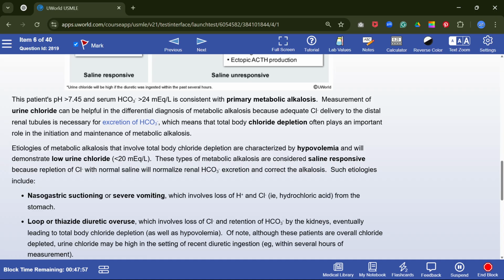Measuring urine chloride can be helpful in the diagnosis of metabolic alkalosis, because adequate chloride delivery distal to the renal tubule is necessary to excrete bicarbonate, which means that total body chloride depletion often plays an important role in the initiation and the maintenance of metabolic alkalosis.